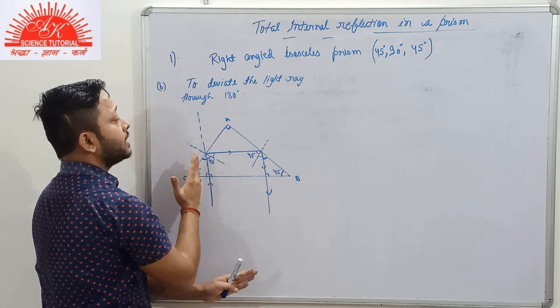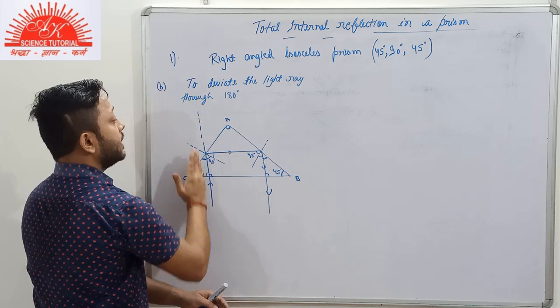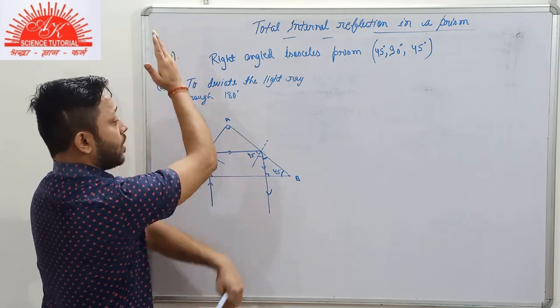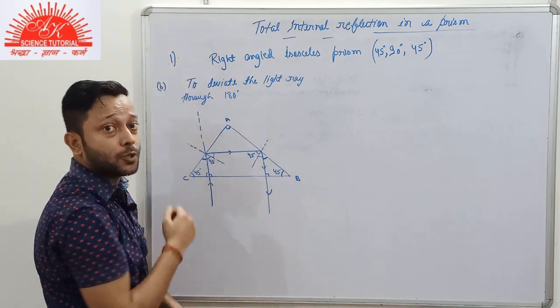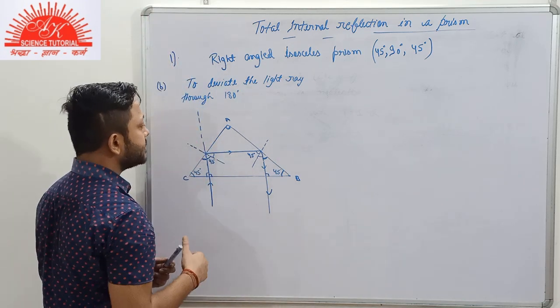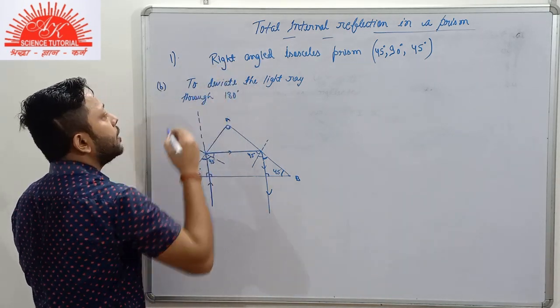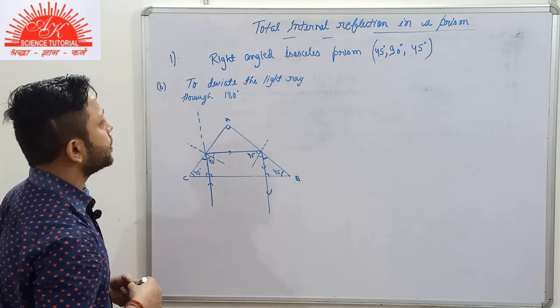So by how much angle is the light ray deviated? It is deviated by 180 degrees. It becomes opposite to its initial direction. So this was one of the cases that we can use in the type of right angled isosceles prism.